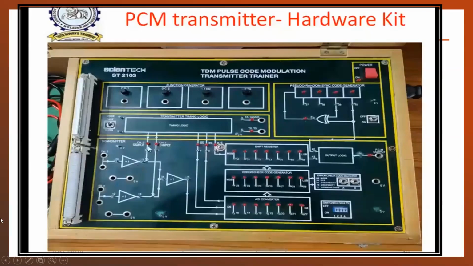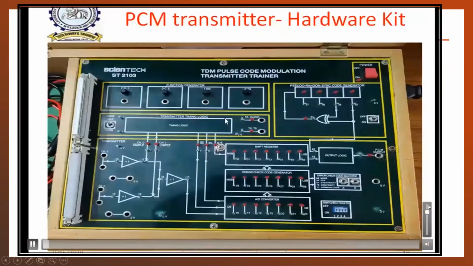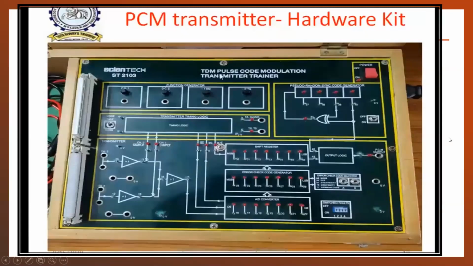TDM, PCM transmitter trainer. So it is mentioned that it is a TDM. That means we can also do some multiplexing in the PCM system. But of course you can do it. But first we take the PCM system with a single input. Later we can do multiplexing if required. So in this particular PCM transmitter diagram, this is entirely the PCM transmitter only.